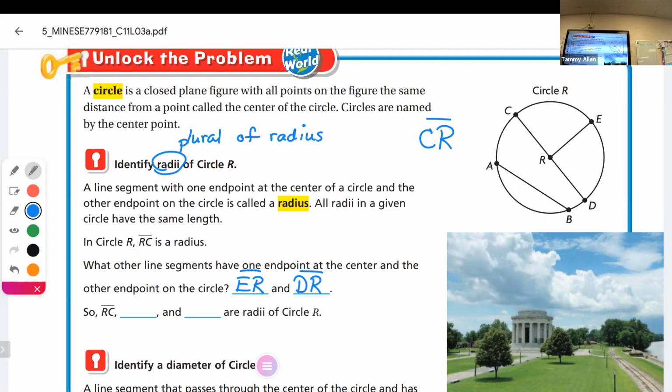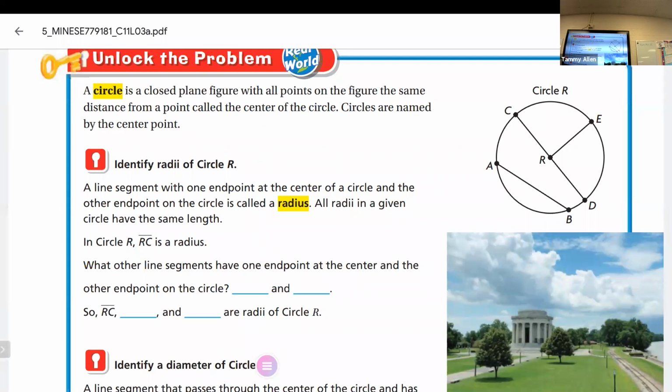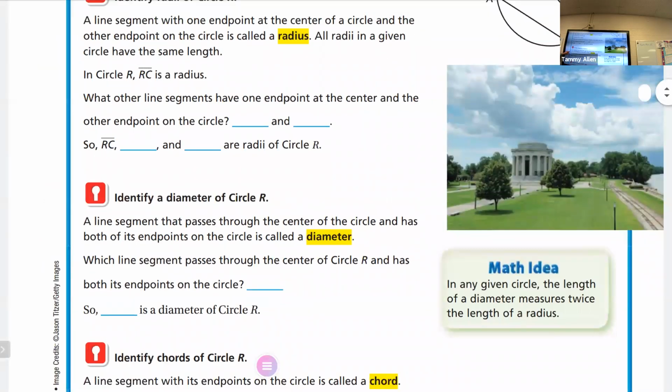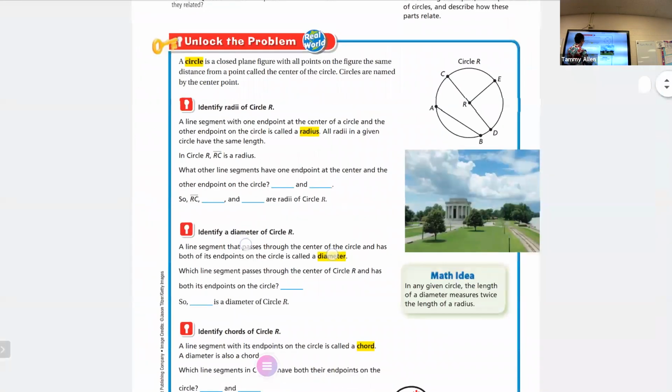Questions on that part? All right. So if we take a look at the diameter then, the diameter goes across the circle, but it has to go through the center. We name the diameter by its two endpoints. In this particular circle, there's only one diameter, and it is segment CD.